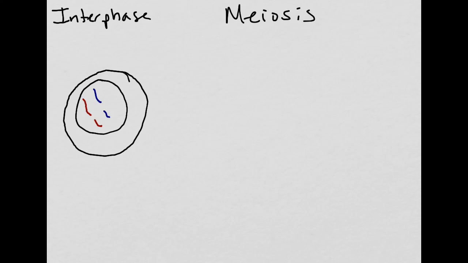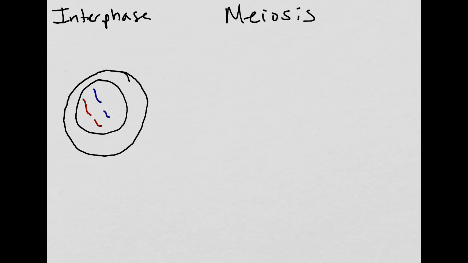Notice that they are in the single chromosome state. So this would be interphase, when the cell is just hanging out waiting for its instructions, whether it's going to go through mitosis or meiosis. If it gets that signal to do either one, it's going to have to replicate its DNA. So it's going to make those sister chromatids.